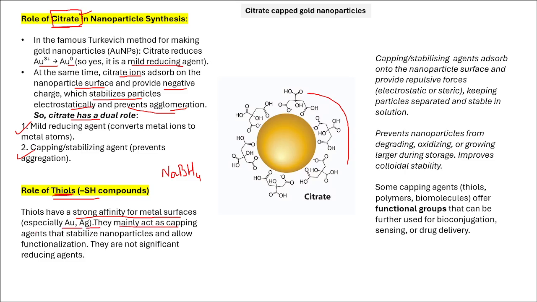They mainly act as capping agents that stabilize nanoparticles and allow functionalization, and they are not significant reducing agents. So in this case, thiol is acting as a capping agent because they have inherently strong affinity towards gold and silver.